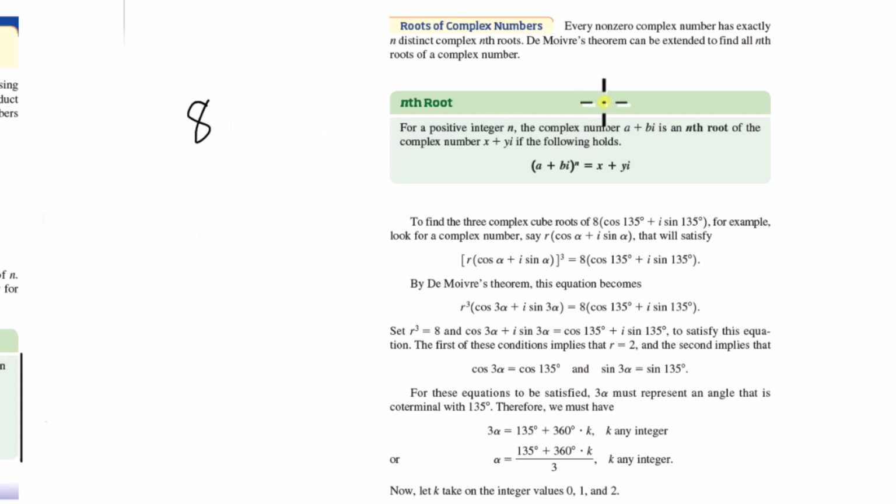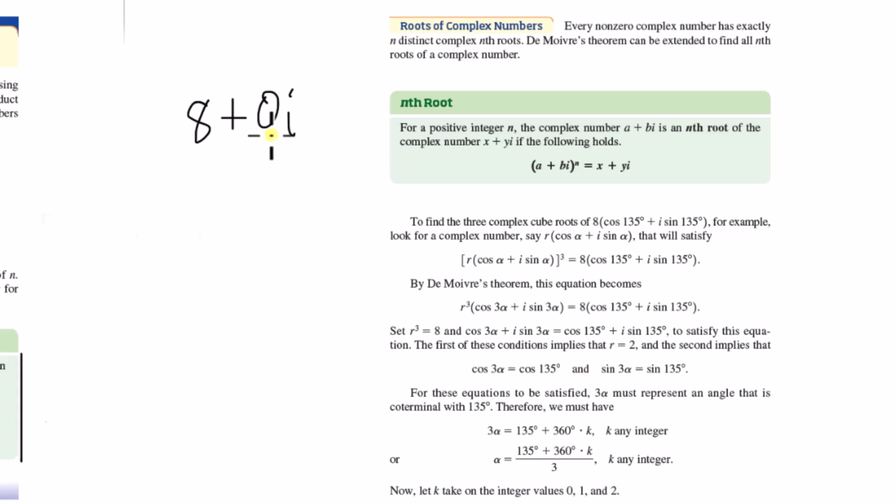What this is saying is every non-zero complex number, so that's any number in all of mathematics except for 0. 8 is a complex number, of course. So across the board, the number 8, or 8 plus 0i, is going to have exactly n distinct complex nth roots.